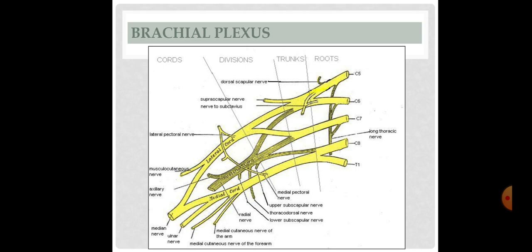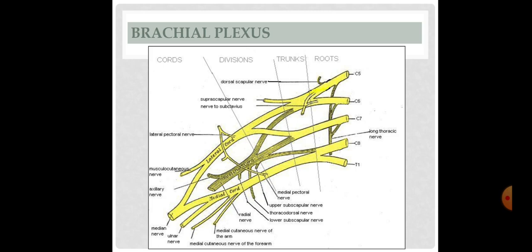Then we have three trunks, upper, middle and lower. Each trunk is further divided into two divisions, one anterior division and one posterior division. So the three trunks divide into a total of six divisions, three anterior and three posterior.